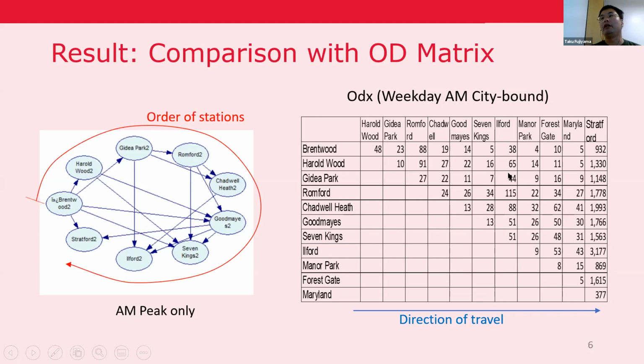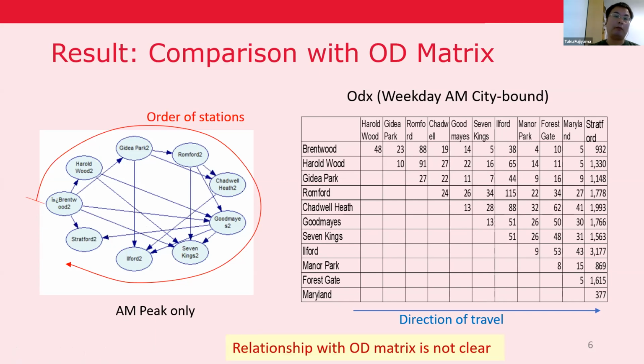You'd notice that Ilford is actually a station where quite many people get on, but this is not reflected in this structure. So the point here is that this data dependence doesn't have much relationship with the OD matrix. There are some other things included in this model.